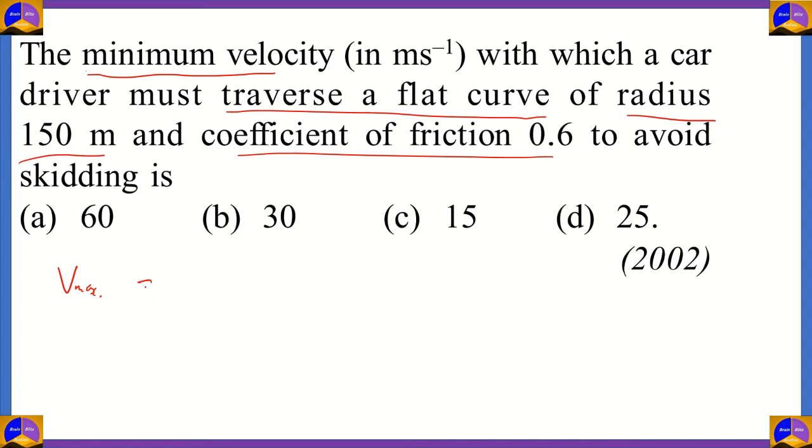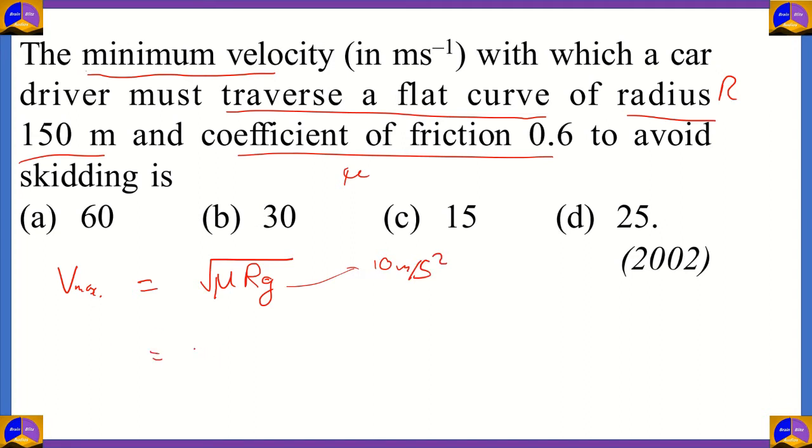The Vmax along this curve is given as the square root of mu times r times g. Mu stands for coefficient of friction, r stands for the radius, which is 150 meters, and g stands for acceleration due to gravity, that is 10 meters per second squared.